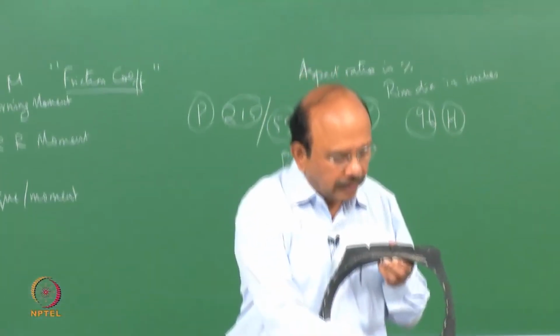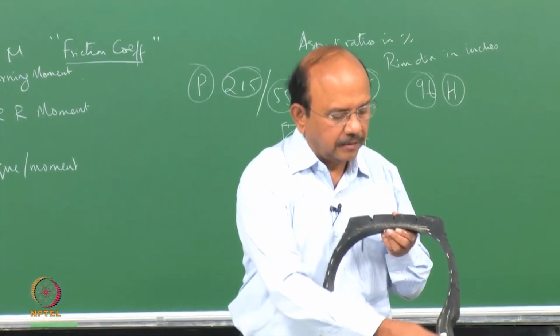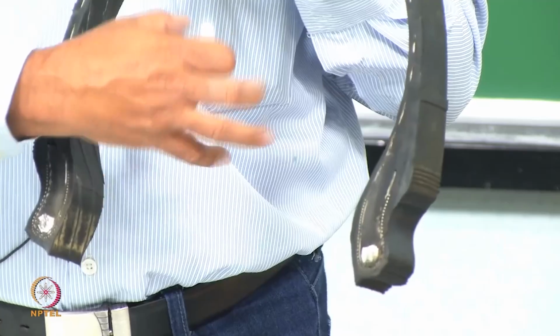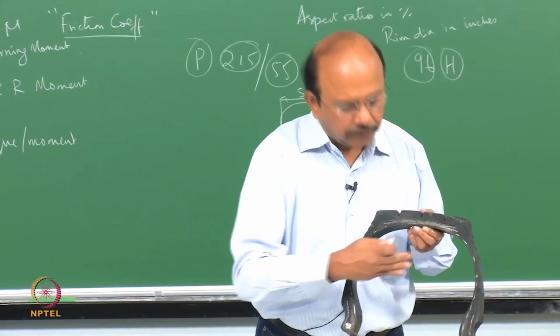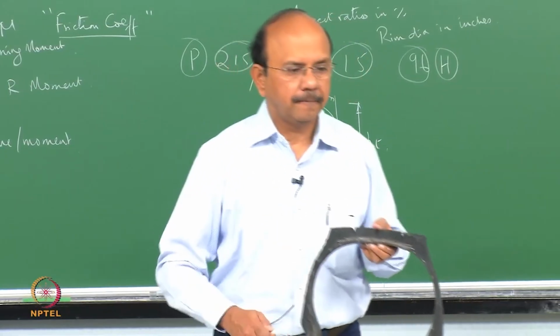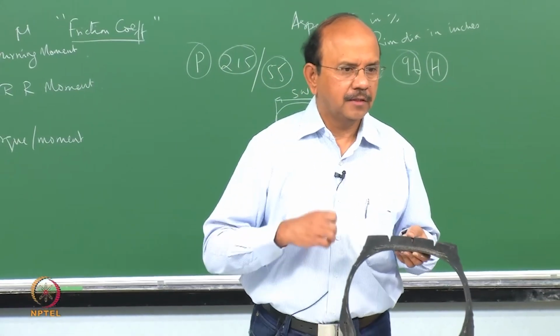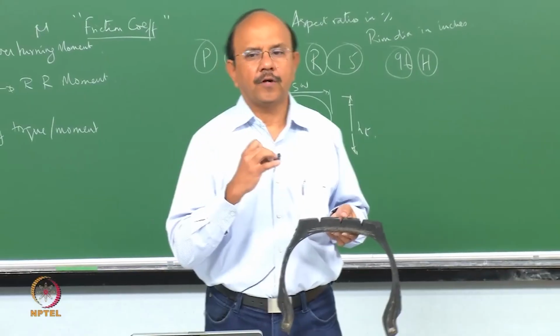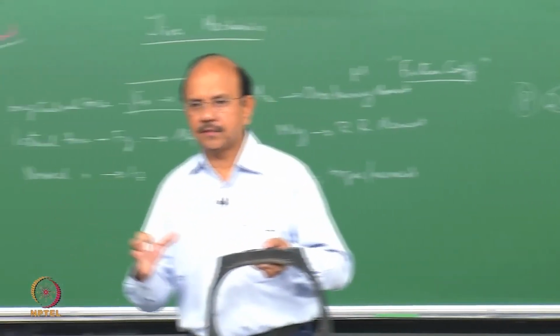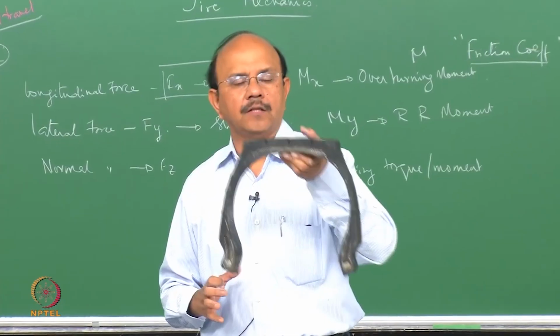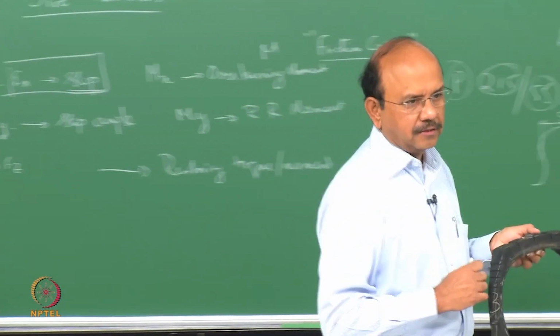So the rim is here, the tire sits on this rim and it is inflated, right? So there are a number of parts of these tires. We will explain that in the next class. We will go into the details of what material this tire is made of, how it works, and then we will look at the different parts of the tires.